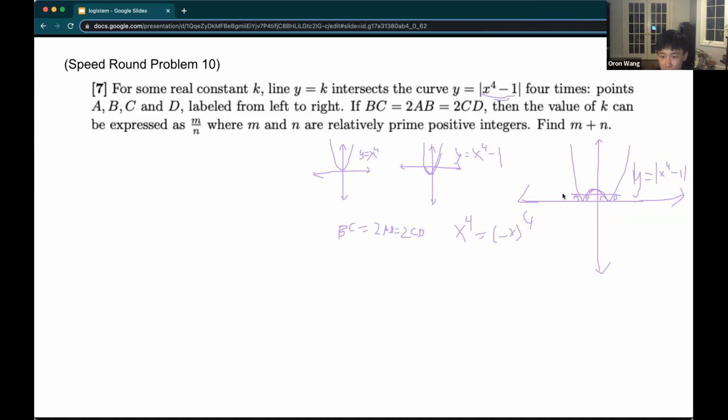So now let's suppose this line intersects the y-axis at some other point M. We know that BC equals BM plus MC, which equals 2MC from the symmetry, and that equals 2CD, or MC equals CD.